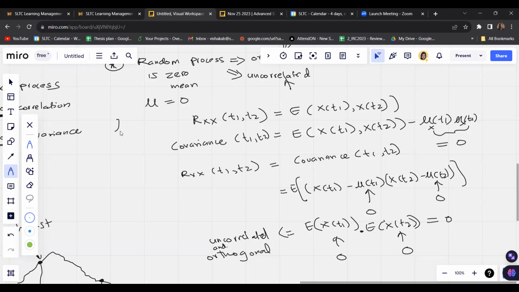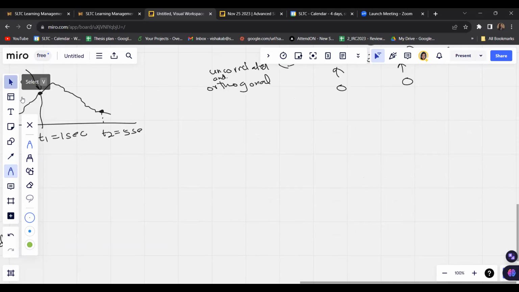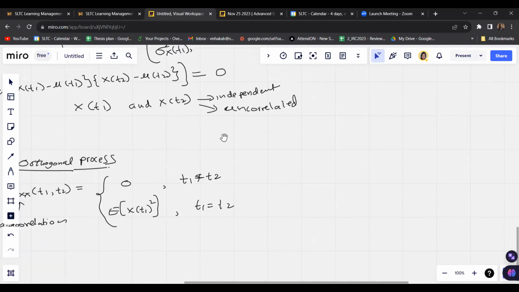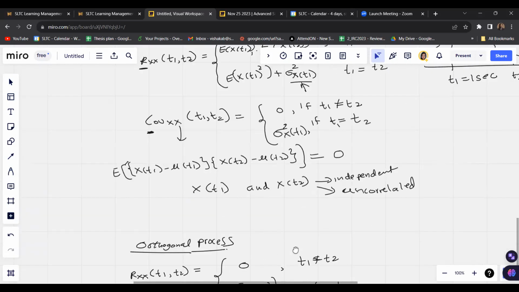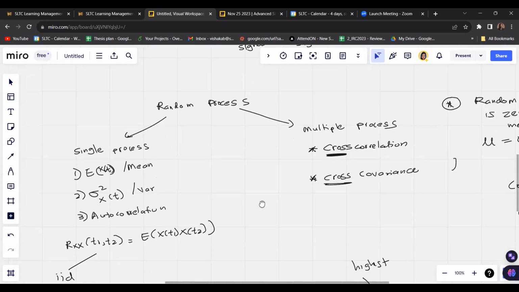Apart from that, we started discussing something called stationary processes in the last class. We have discussed several random processes, and there are so many definitions.